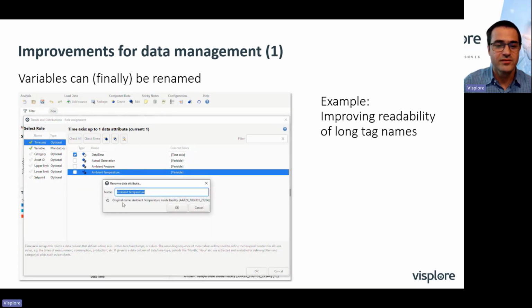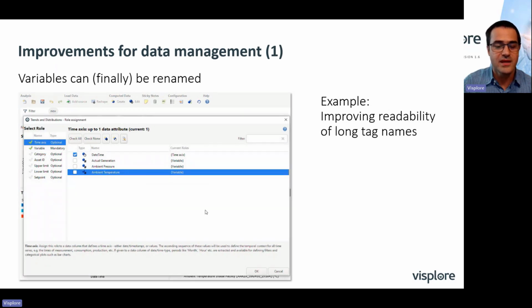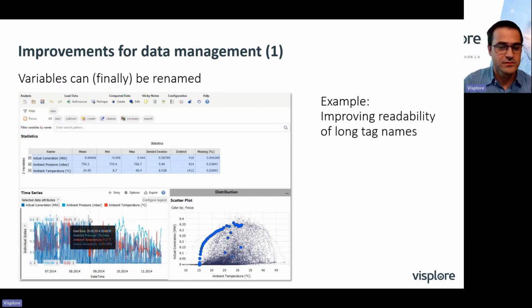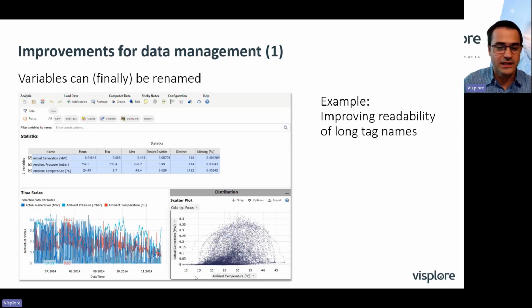And when we confirm this, we can also see which was the original name of this variable from the data source. And when we do this, the names are shorter. So also here, the tooltips look now cleaner and the axis of the scatter plot as well.